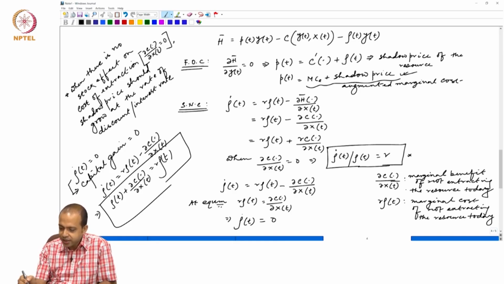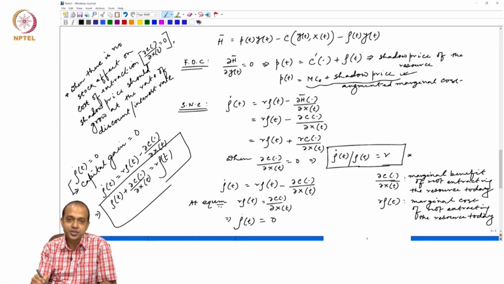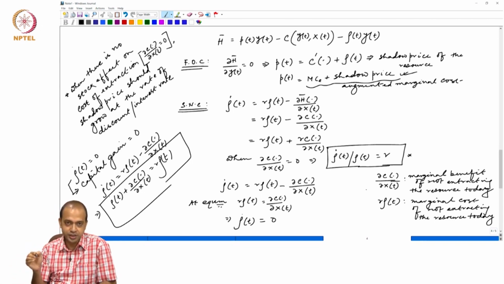What is del c by del x_t? This is the stock effect on cost of extraction, which is nothing but marginal benefit. That means if I do not extract the resource today and keep it for tomorrow, only then am I going to realize this stock effect on cost of extraction due to higher stock. So that is the marginal benefit of not extracting today.